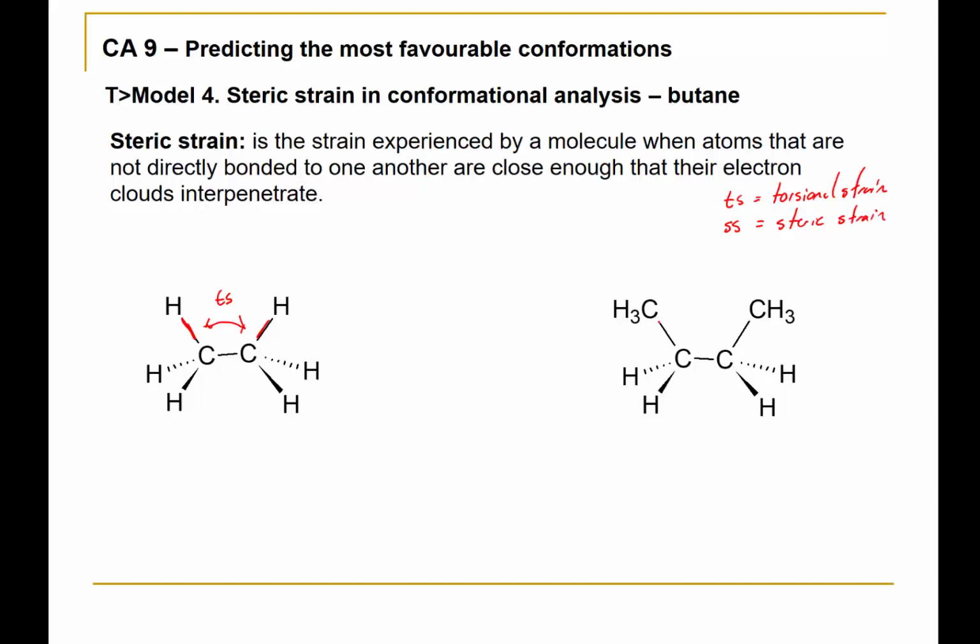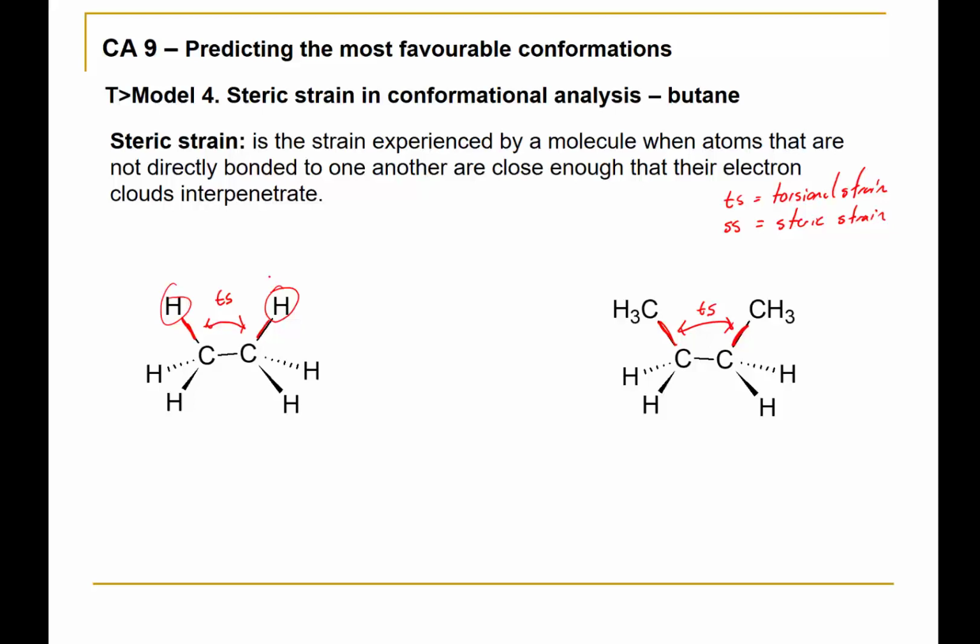Now, indeed, the molecule here of butane will also have some torsional strain. And you may recognize that although we're showing this as a wedge and dash, these conformers are in an eclipsed conformation.